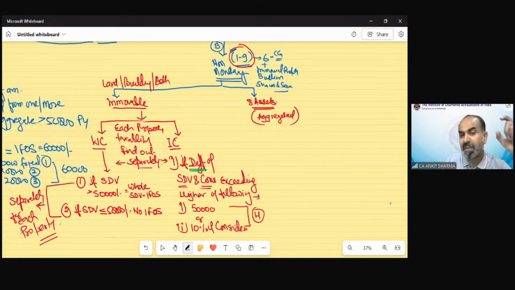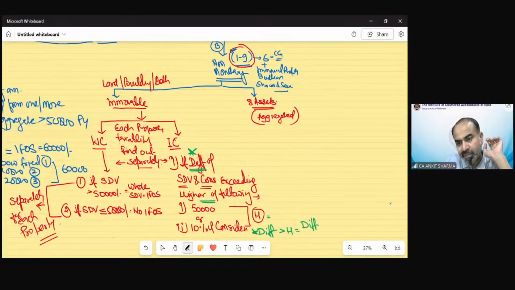So the difference between the stamp duty value and consideration, if it exceeds the higher of these two, then the difference will be income from other source. You might be getting confused. Do not worry. Let me show you an example.